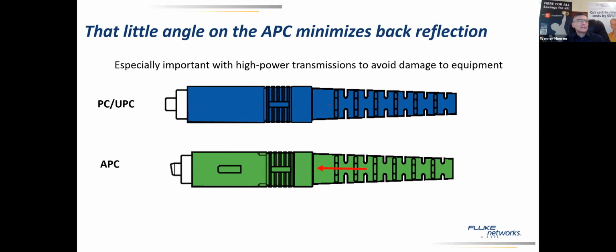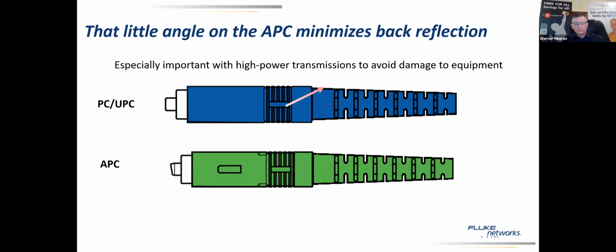With an APC connector, you avoid that, because it's very strong, powerful light, so you avoid destroying your equipment or your test equipment. The light is angularly reflected, at an 8-degree angle. But we see now more and more of these connectors.